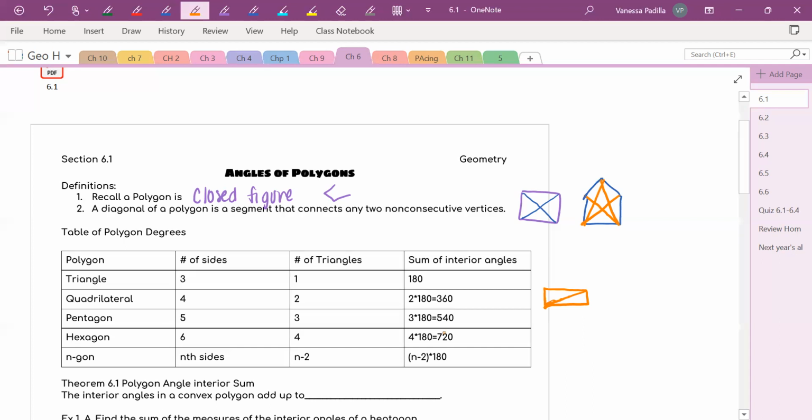So that would be just 3 times 180. And then finally, the formula that you need to memorize. So for any polygon, the formula is going to be n minus 2 times 180. You don't really need to know that it's also the number of triangles is n minus 2, but it could be useful maybe for a couple proofs if you need to use it.